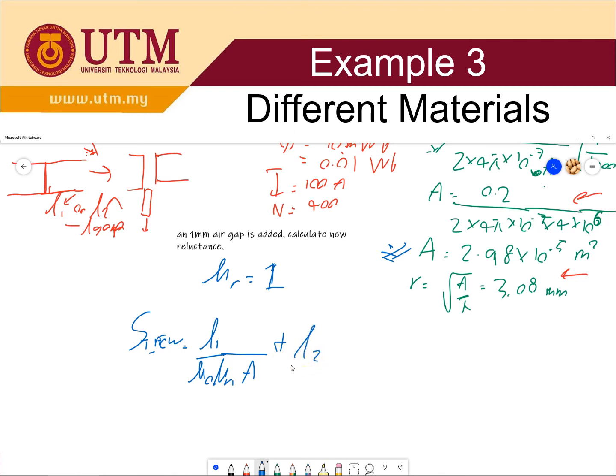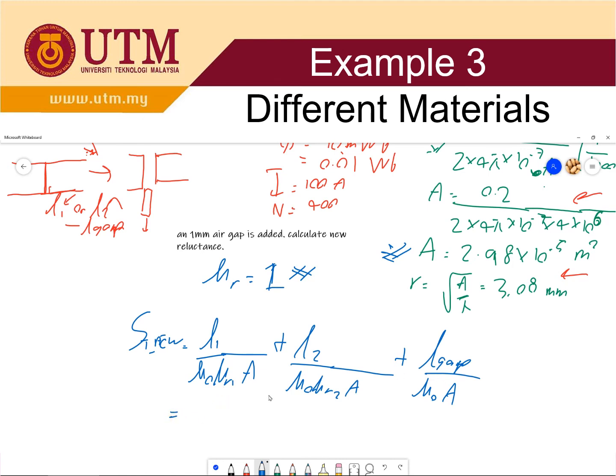Plus L2 divided by mu naught mu R2 A, and plus, if you add a new air gap, L gap divided by mu naught mu R A, with mu R equal to 1, so you just leave it like that.